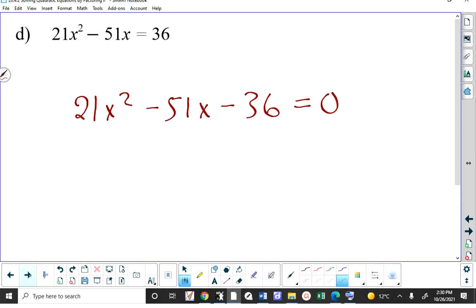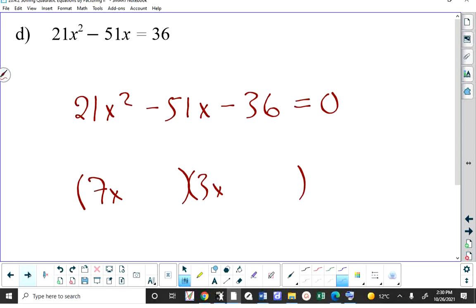There's a common factor. As I asked you to start working on this and I walked around the room, I saw a lot of you all of a sudden doing this. That's fine, but you're working with bigger numbers. Since there's a common factor of 3, 3 divides into 21, 3 does divide into 51, 3 divides into 36.